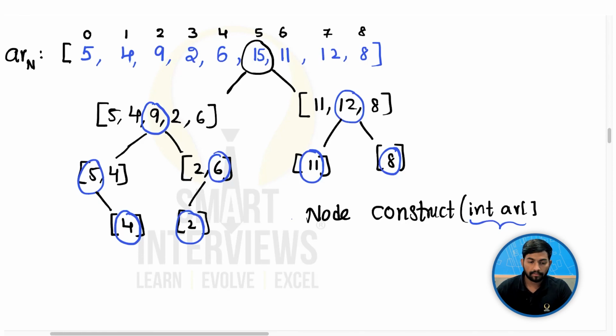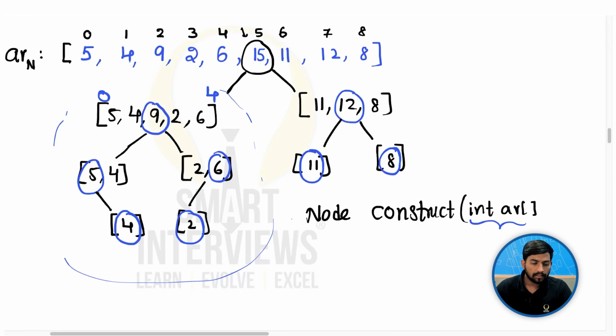If we observe here, we made 15 as the root. Now after this, to construct this left subtree, what do we do? It is also a tree. We are constructing from 0 to 4 index of the array.